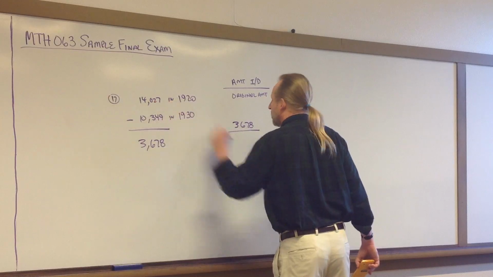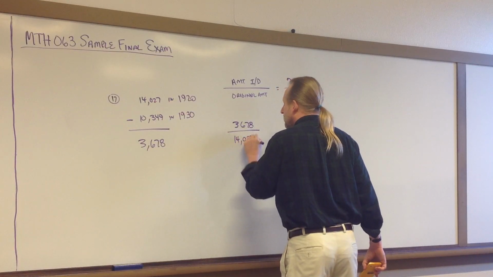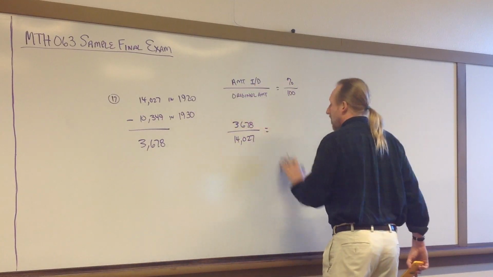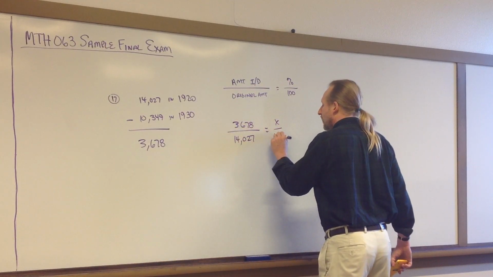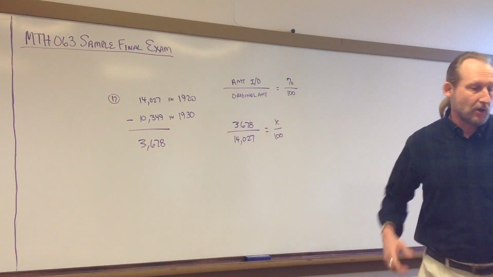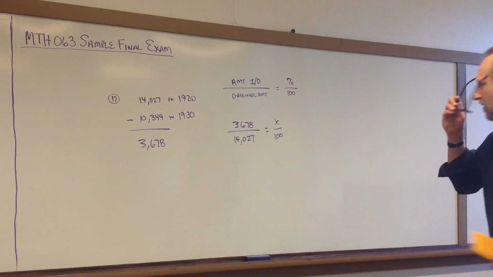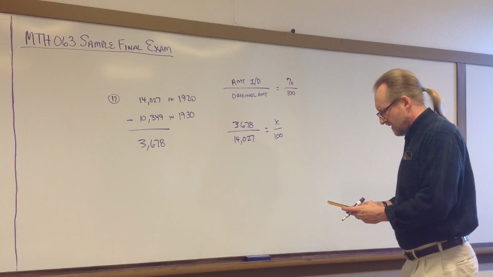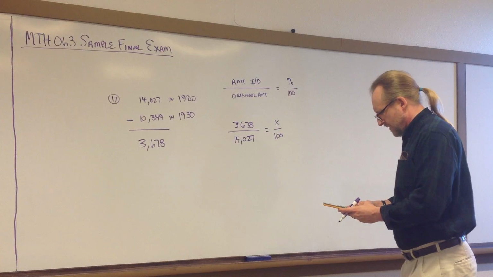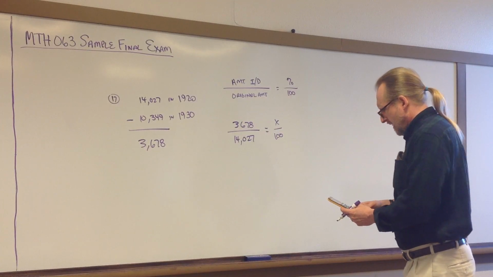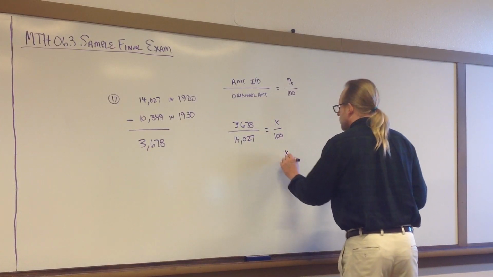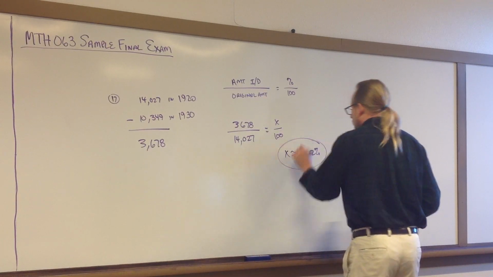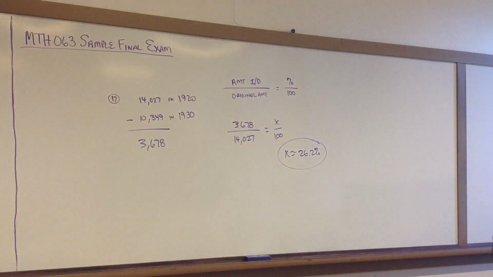The original amount, wherever it started, was 14,027. I'll put an X up here. Over 100. So let's see here. What are we going to do? 3678 times 100, and then we're going to divide that by 14,027. And to the nearest tenth of a percent, X is going to be about 26.2%. Okay.